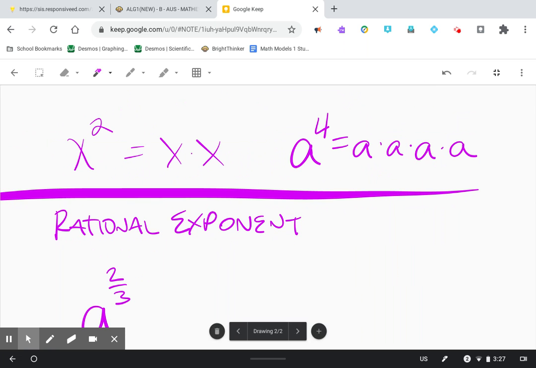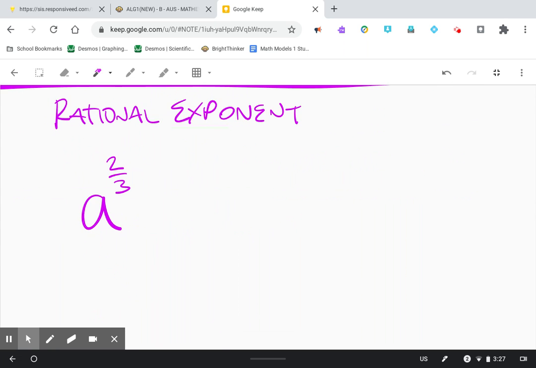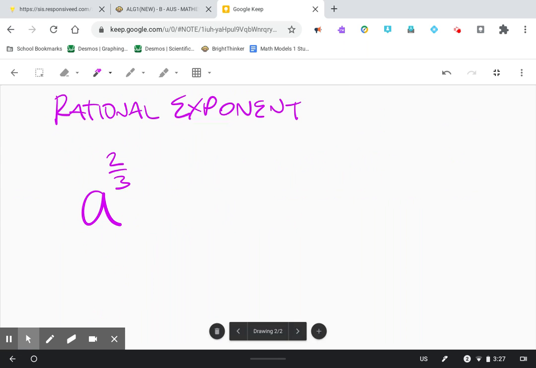So that doesn't quite fit the pattern that we did up here with our basic exponents. We know how to deal with that number when it's a whole number because we just multiply x times itself twice or a times itself 4 times. Well, what do I do with a to the 2/3? Well, there is an explanation for what this actually means.